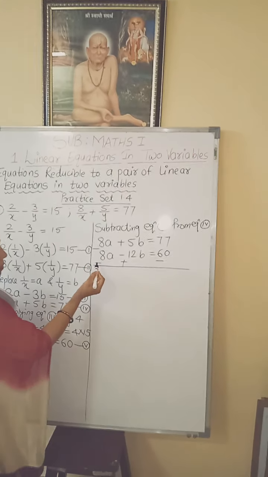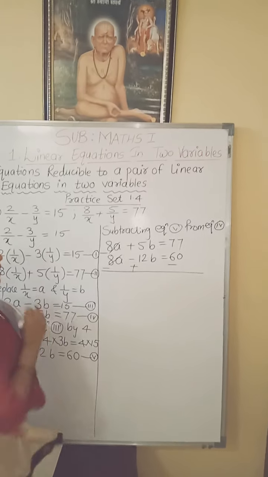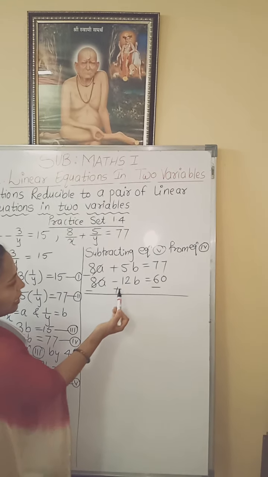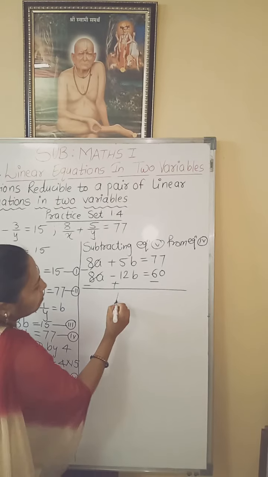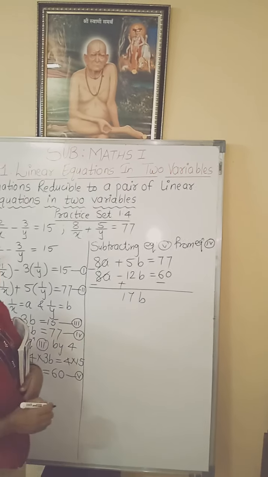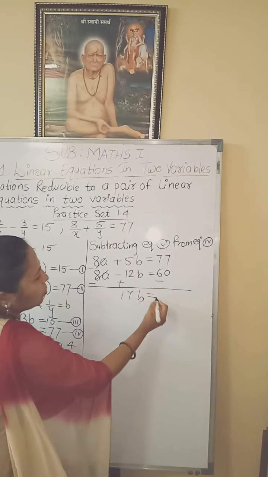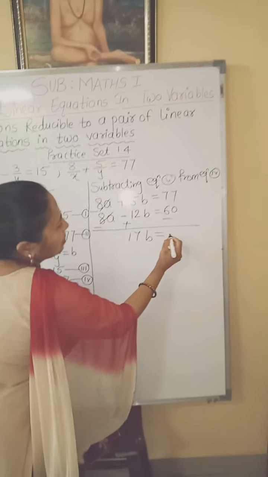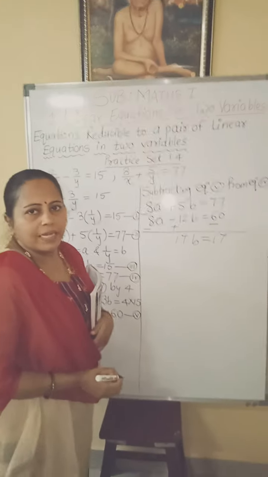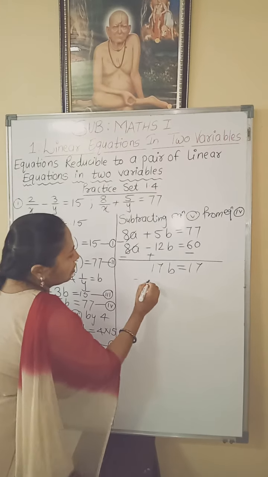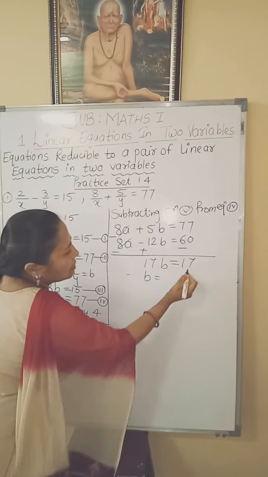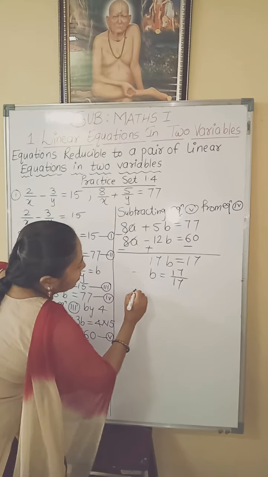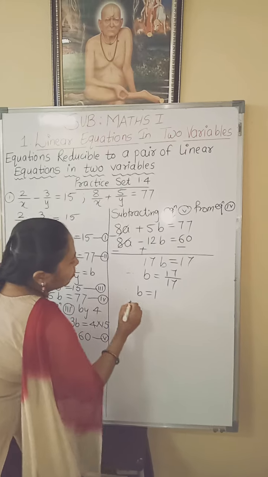Now 8a minus 8a, this term gets cancelled. 5b plus 12b equal to 17b equal to 77 minus 200. We will get the result, and therefore b equal to 17 divided by 17. Therefore, b is equal to 1.